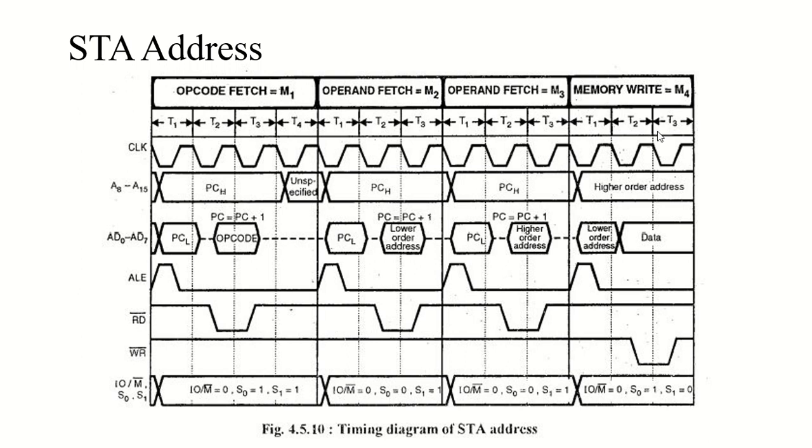So the data will be placed on the last two states, which means the 12th and 13th states. Other things are the same as the previous memory cycles, which we have already discussed in detail earlier, so I'm not going into that detail anymore.